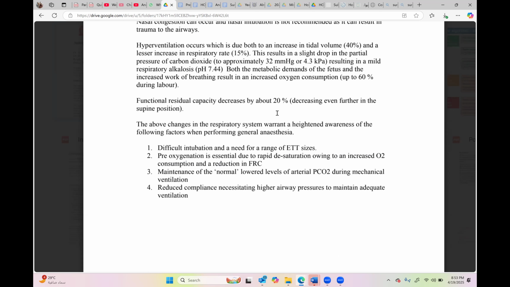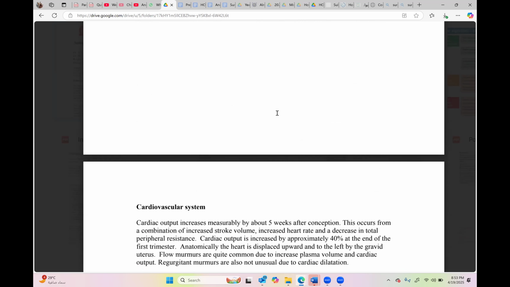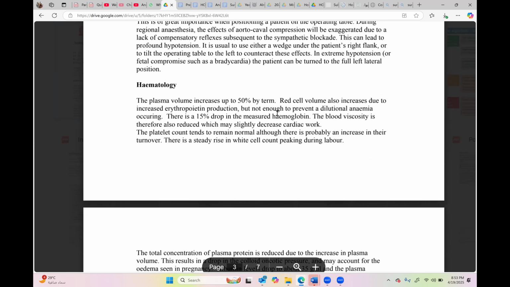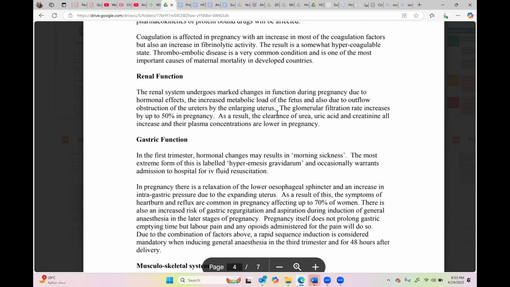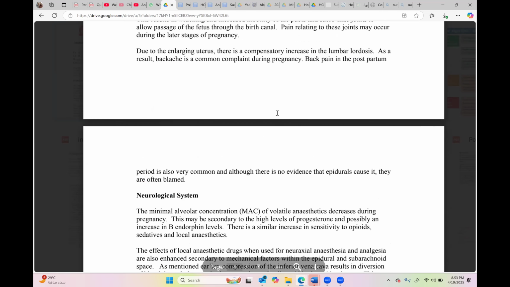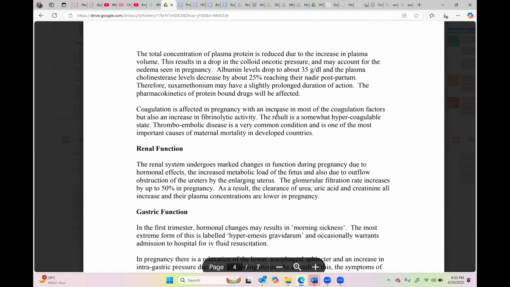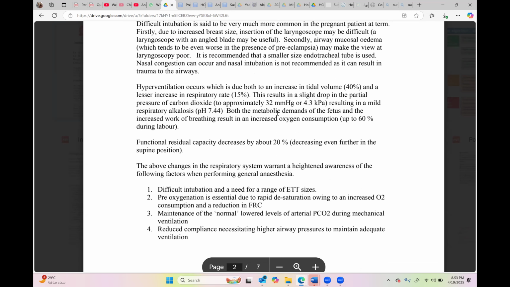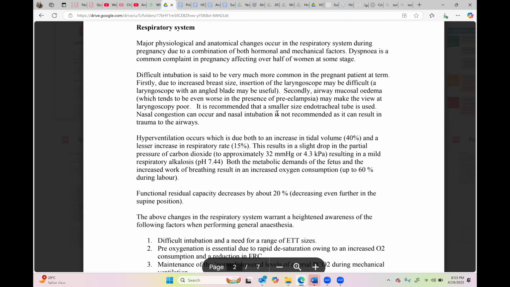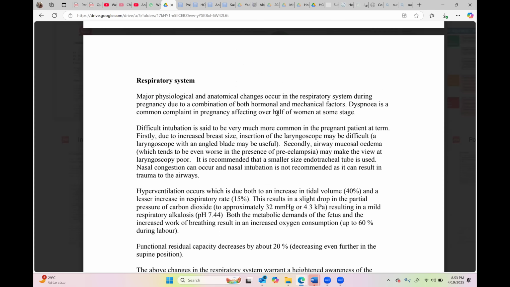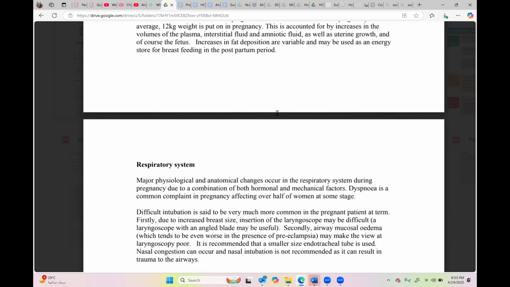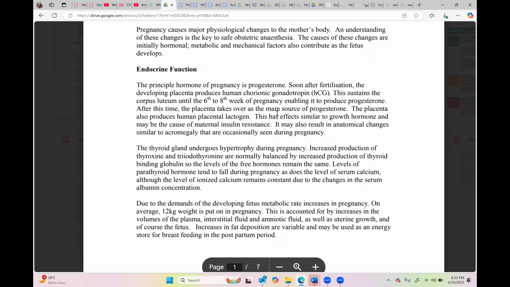And another thing, in certain obstetric conditions, if the patient is taking medications like magnesium, the effect of muscle relaxants can be increased. You have to consider these things. If you are giving suxamethonium, the effect may be increased.